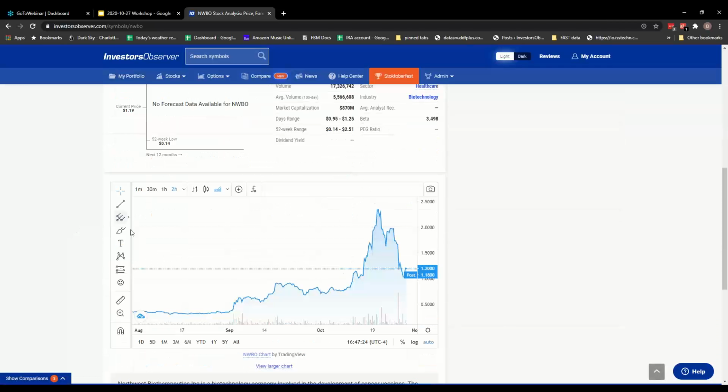Northwest Biotech, I mean, this stock is, I'm sure it's way down over the last couple of weeks, but it was at 35 cents a year ago, and now it's at $1.20.